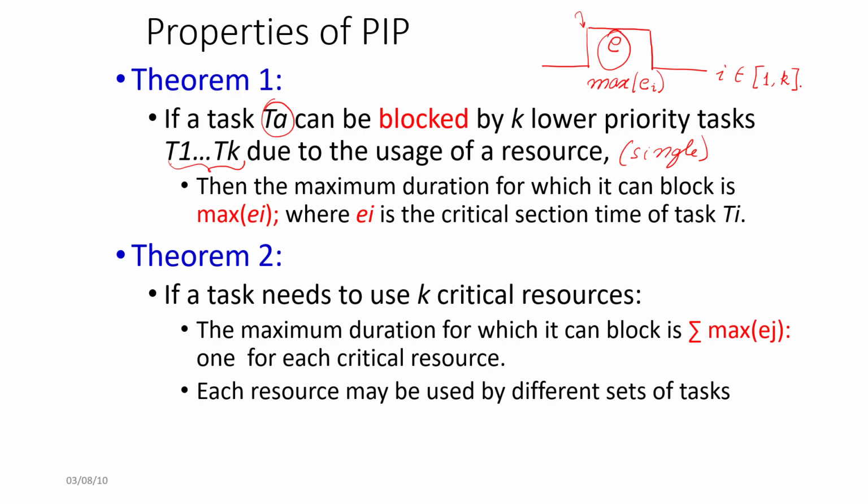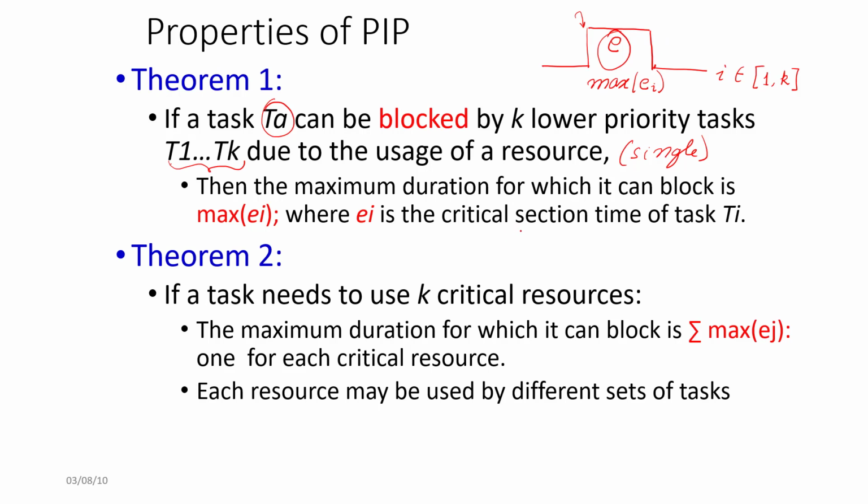The main reason is that the inversion on TA cannot happen twice. When the low priority task finishes, whatever it is, at this point TA will have the highest priority given our assumptions, and TA will execute, so nobody else can execute.